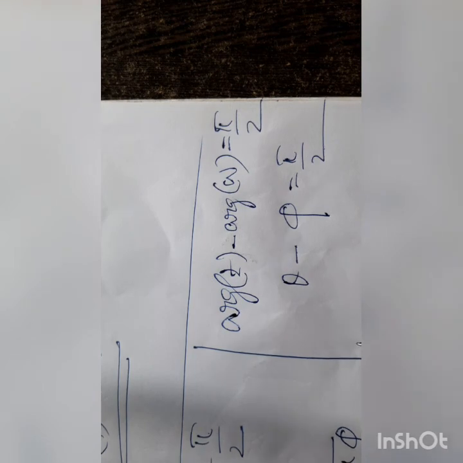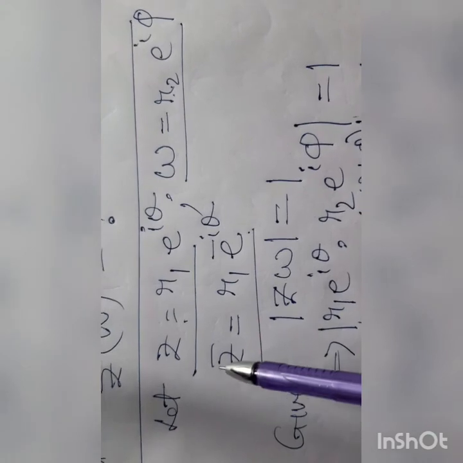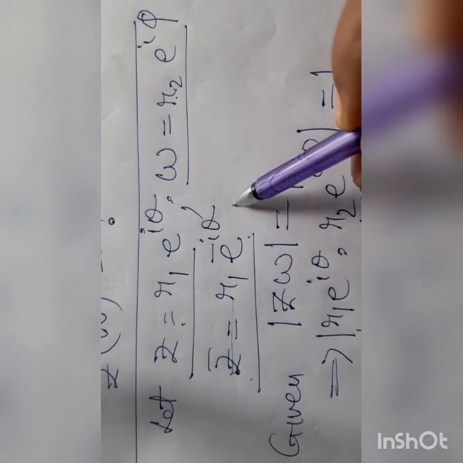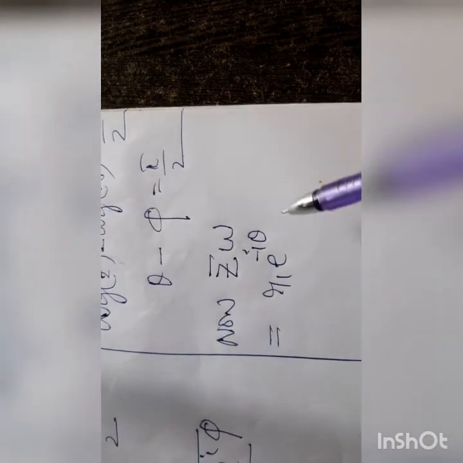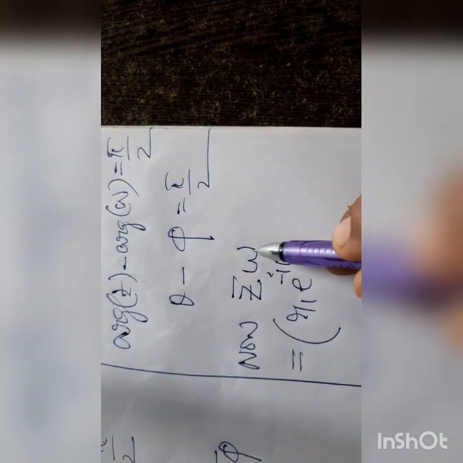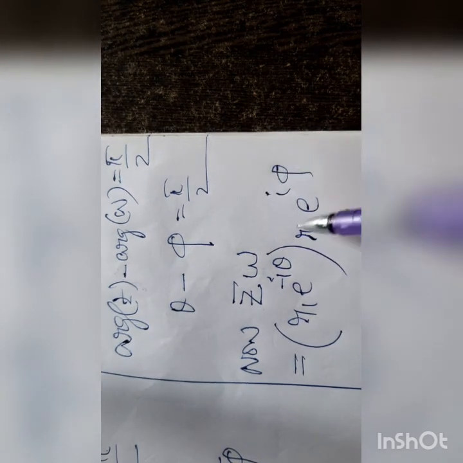Now, what do we require? We require Z bar omega. What is Z bar omega? Z bar is r1 e power minus i theta, and omega is r2 e power i phi.